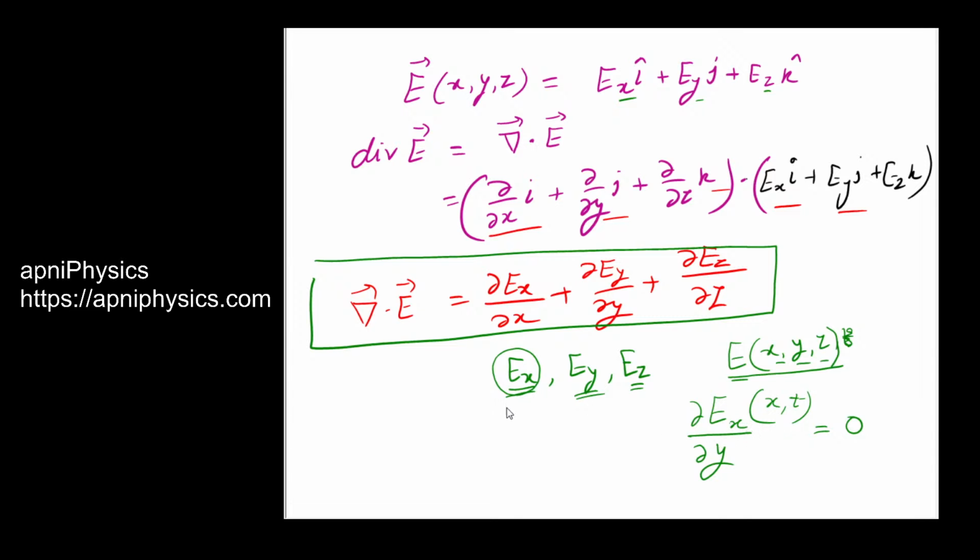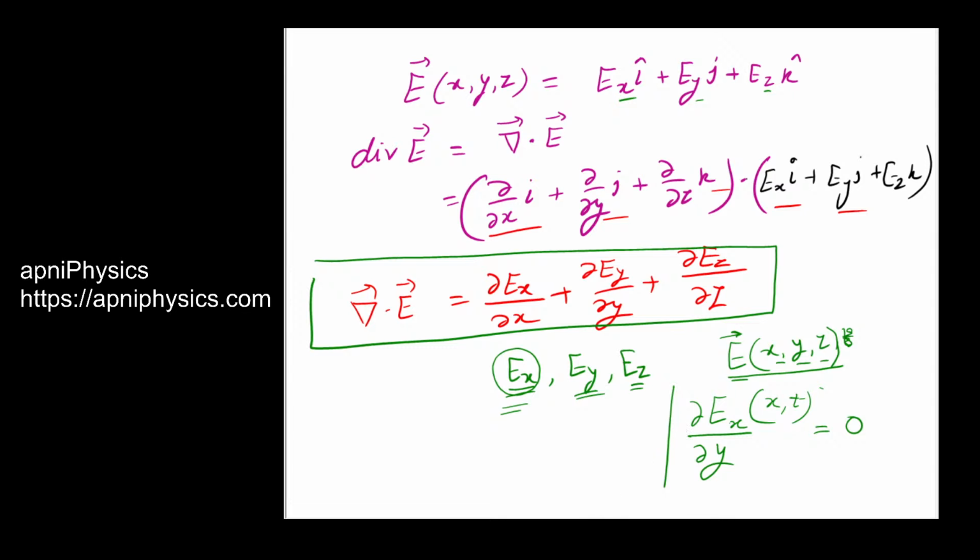So that's why I am saying make it very clear that Ex, Ey, Ez are the components of this electric field vector E. These are not related to these x, y and z, right? Here E is a function of x, y, z. So Ex is also a function of x, y, z. Ey, Ez may be functions of any other two, right? So Ex may be a function of y and z, like that. I am saying this in the beginning so you can make it very clear, right?